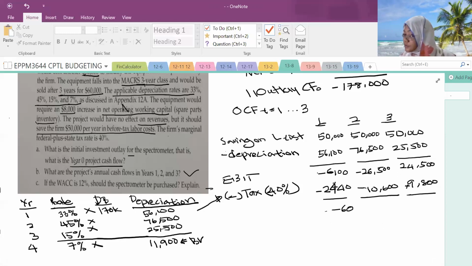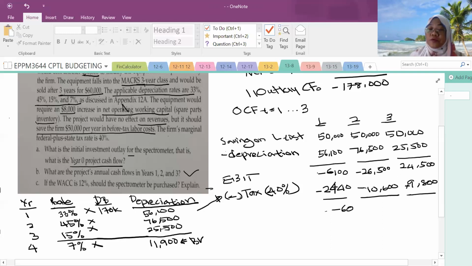So down here you have negative 3,660. And then we have negative 26,500 plus 10,600, so we'll have negative 15,900.